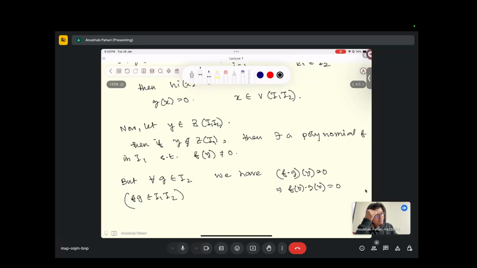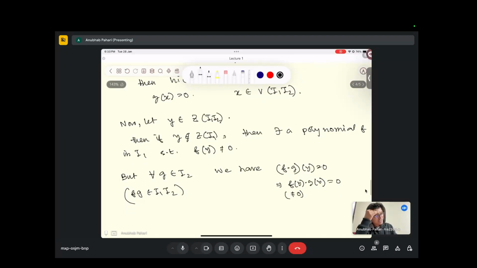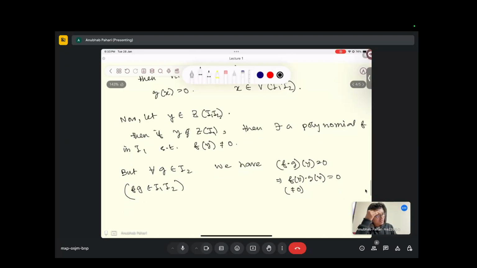Already you know that f of y is not 0, but k is an integral domain, so g of y is 0 for all g in I2, right?